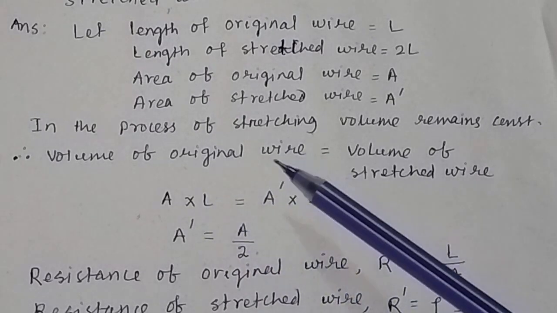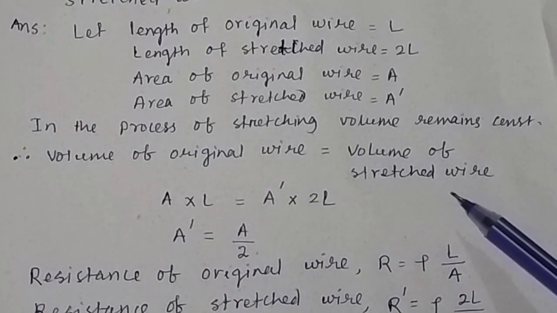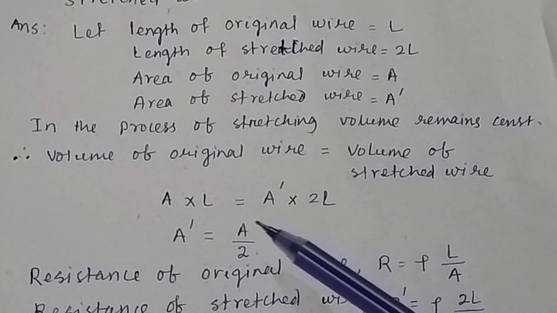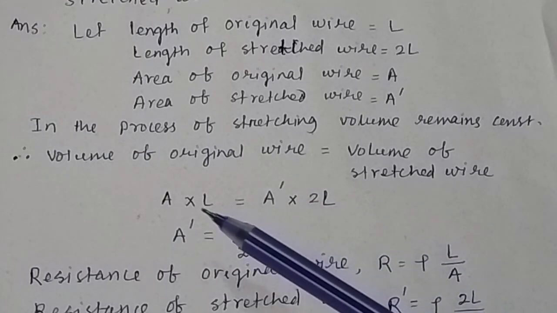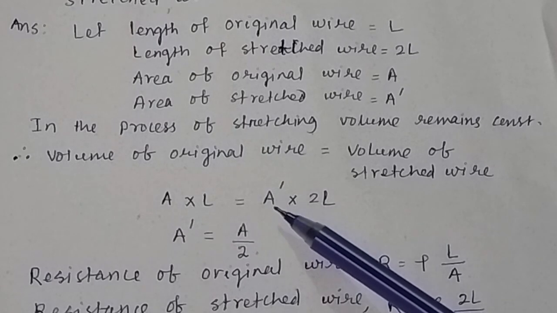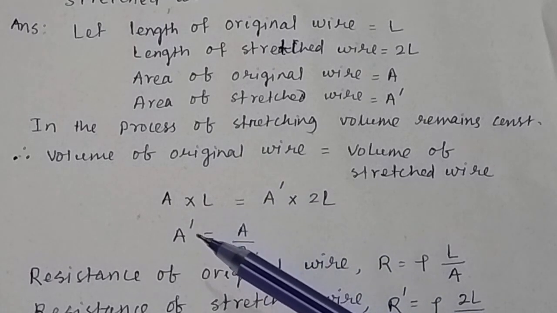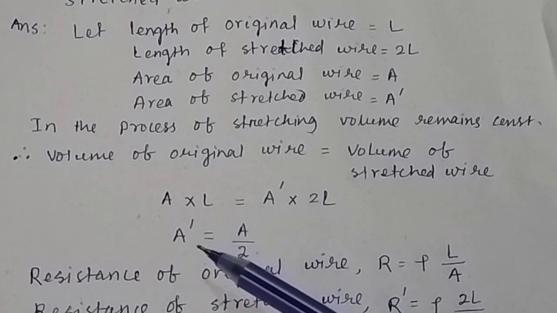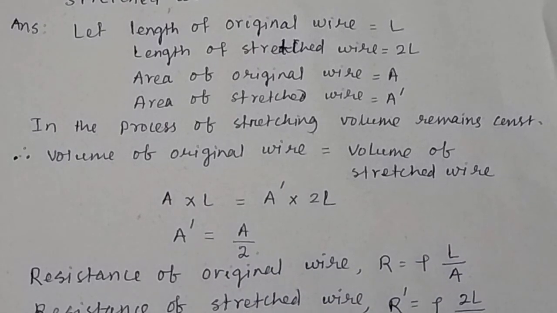So the volume of the original wire is equal to A into L, and the volume of the stretched wire is equal to A dash into 2L. The area will vary, here the area is A and here the area is A dash, but the volume remains constant. So comparing the volume, A dash will be equal to A divided by 2.